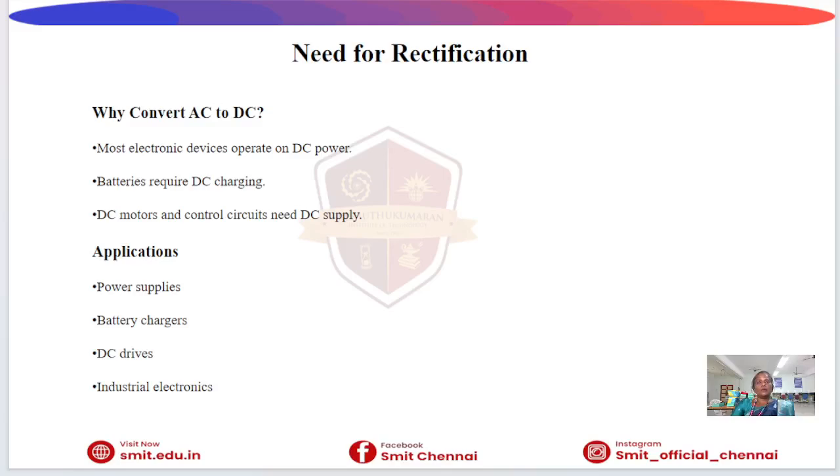Mobile phones, laptops, computers, and communications equipment also operate on DC power. Industrial equipment such as DC motor drives and control systems requires DC input. Therefore, rectification is an essential process that converts AC power into usable DC power. Without rectifiers, modern electronic systems would not function properly.